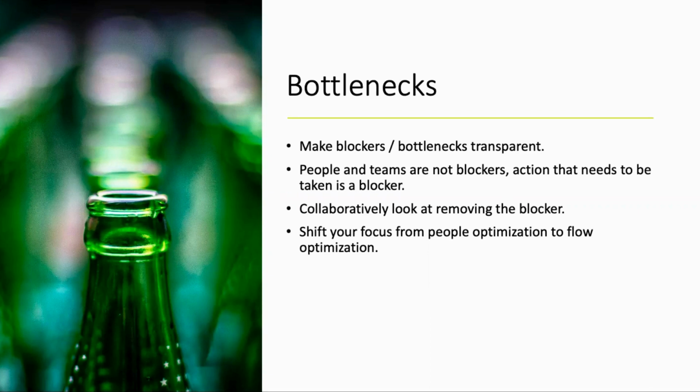And we try to find a solution to those groups of blockers. We follow Pareto's rule also over here, the 80-20 rule: 80% of the problems can be solved by finding solutions to 20% of the problems. So we apply these kinds of rules in solving the blockers, and then we shift our focus from people optimization to flow optimization.